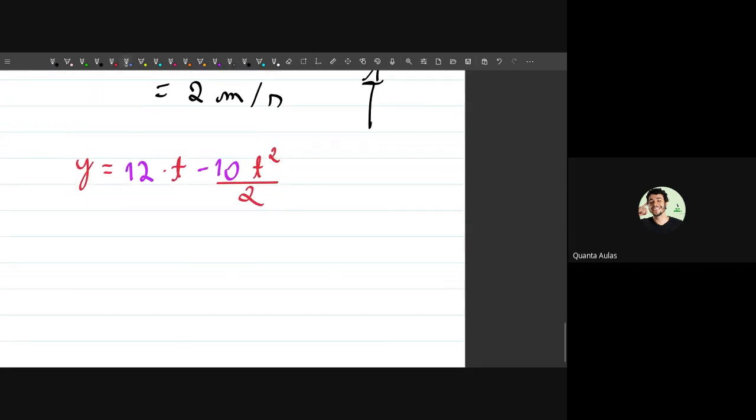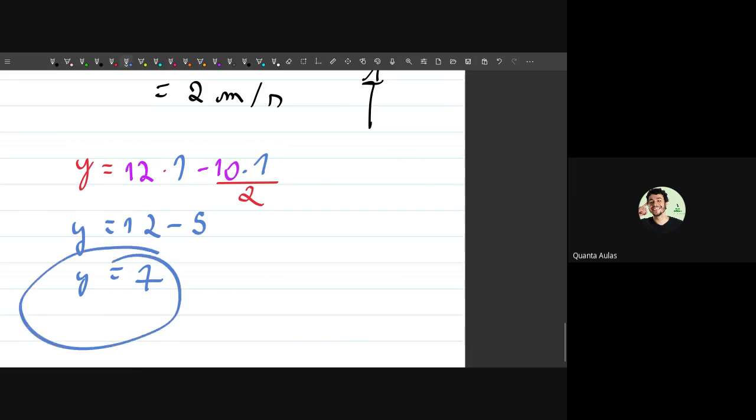We can just put the 1 here, so 1 here, 1 here. So we have 12 minus 5, so it's 7. But 7 what? What's the unit of this value? Is it seconds? Years? Kilometers? What is the unit here? Meters. Exactly. Amazing, man.